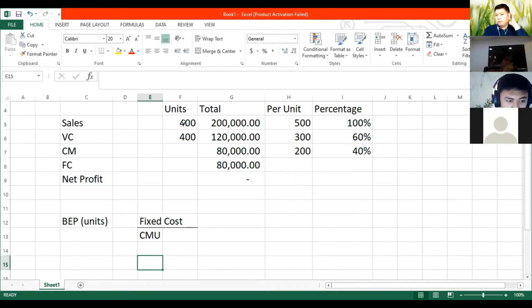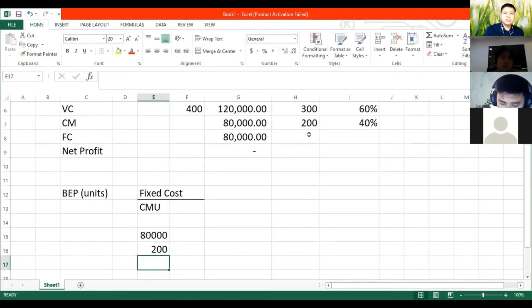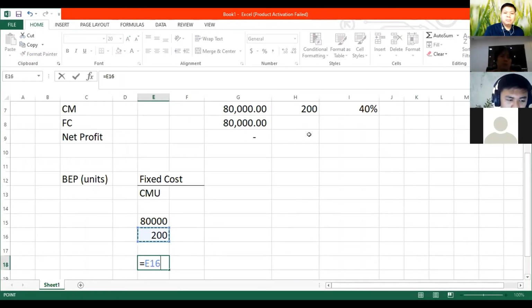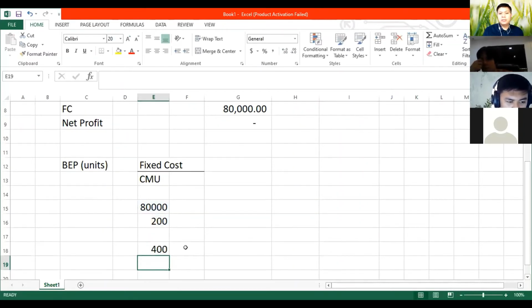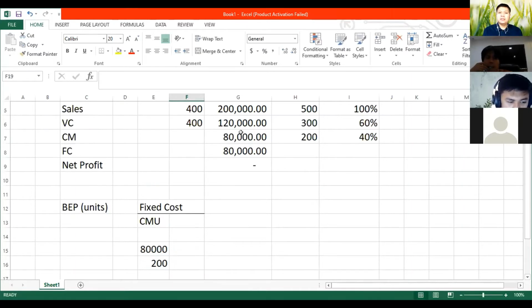Because that's the break-even. Okay, let's check if we will get that. So fixed cost is 80,000. Divided by what? The CMU, the contribution margin per unit is 200. So tama ba na ang break-even point in units mo is 400 units? Yes, it's correct because here it says that there are 400 units. So that's the formula that you follow.